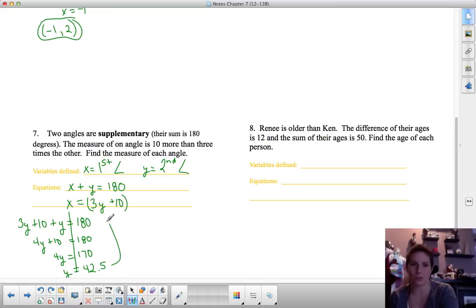So if y is 42.5, remember that's not enough. They wanted to know the measure of both angles. x is equal to, and you can use either one that has x or y to solve this. I am going to do x plus y equals 180. x plus 42.5 equals 180.